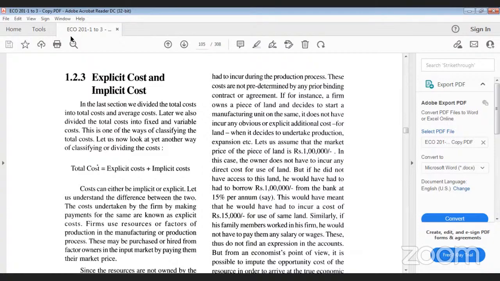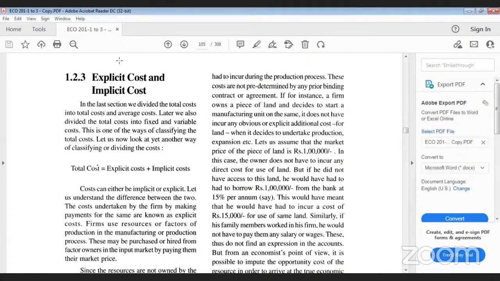Total cost equals explicit costs plus implicit cost. Cost can either be implicit or explicit, and let us understand the differences between the two. The cost undertaken by the firm by making payments for the same are known as the explicit cost.